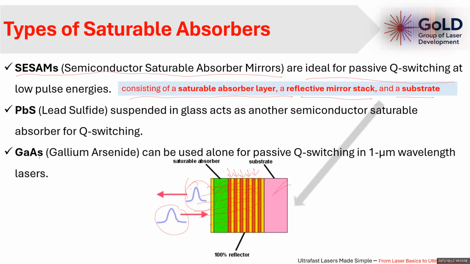Other materials can be used like PbS, lead sulfide, enclosed in glass, and gallium arsenide can also be used for passive Q switching, but this one is a common arrangement, available in the market.